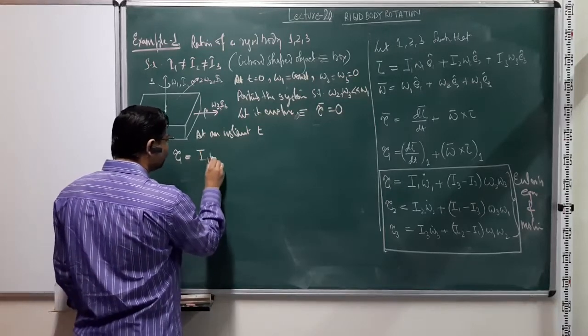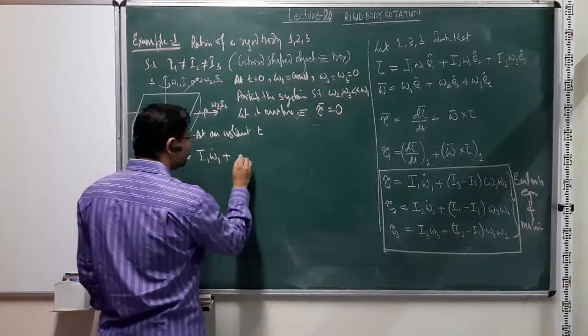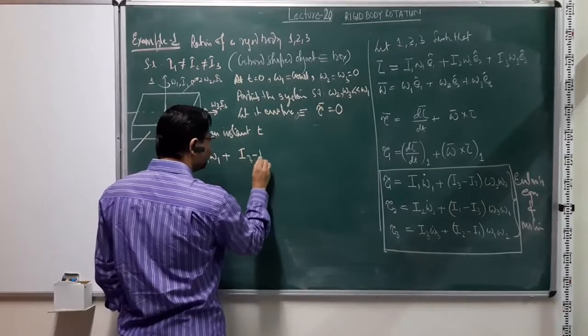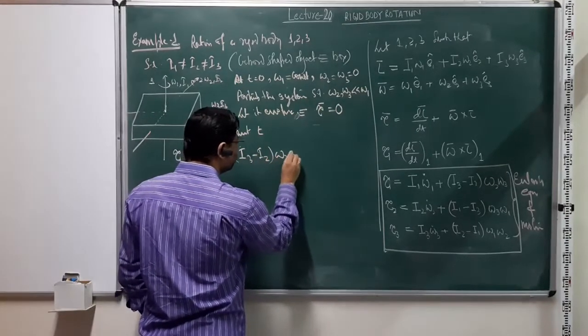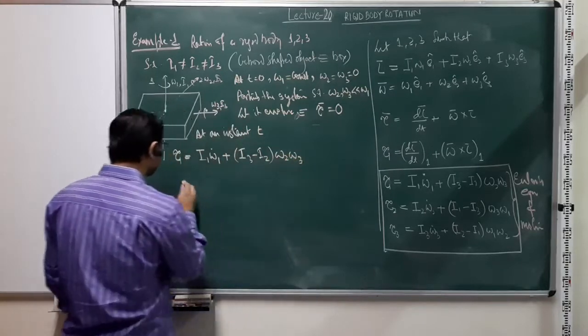Tau 1 is I1 omega 1 dot plus I3 minus I2 omega 2 omega 3.